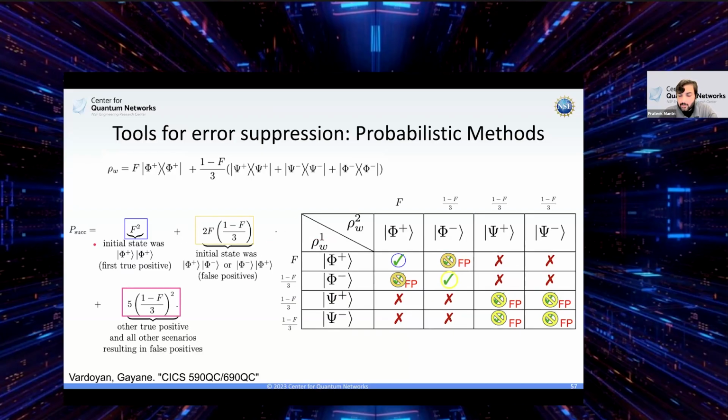The success probability, or the normalizing probability, can now be computed as f times f plus the yellow buttons, and the others are these four probabilities plus this one extra probability. So you have f and f, so f square, then f times (1 minus f) by 3 for this one, f times (1 minus f) by 3 for this one, and then the four of these elements, and then one where we had a phi minus and a phi minus on both sides.